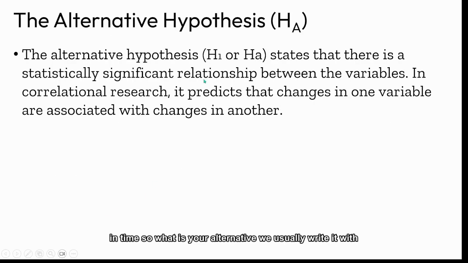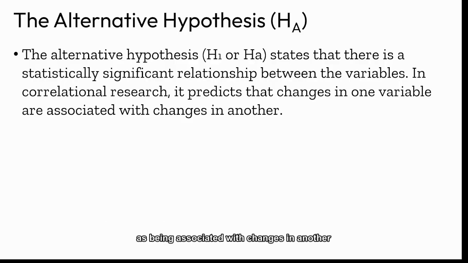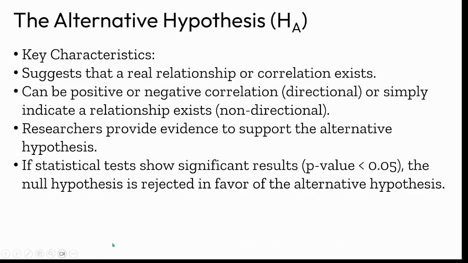Okay. So what is your alternative? We usually write it with H sub 1 or H sub A. A stands for alternative, and that states that there is a statistically significant difference between the two variables. So in a correlational situation, it's going to predict the change in one variable as being associated with changes in another. So let's look at what that would look like. So it suggests that there's a relationship or a correlation.